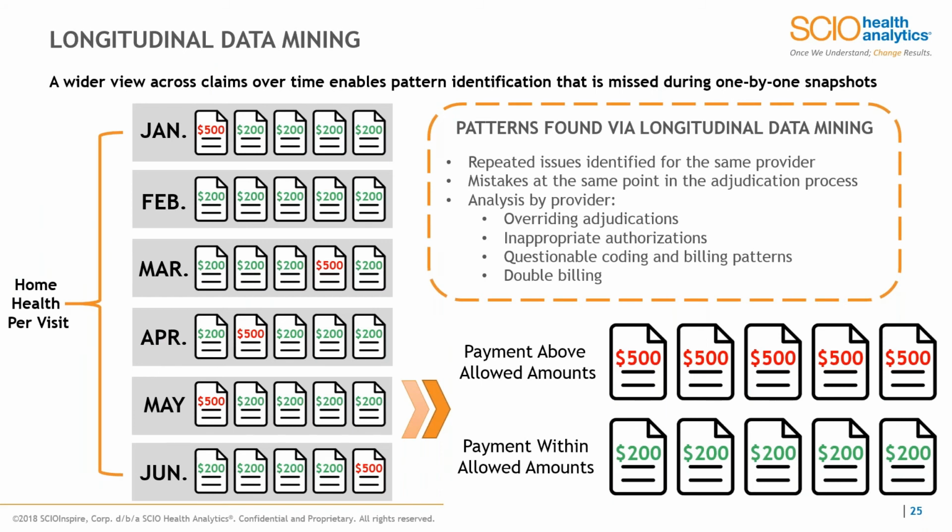The depiction on your screen references payments above and below allowed amounts for home health and identifies questionable billing behaviors and patterns. This rare error is able to be captured while a traditional review may have missed that pattern of billing. It is essential to be able to detect errors that occur between the sites of care, such as double billing, questionable coding, and billing patterns.